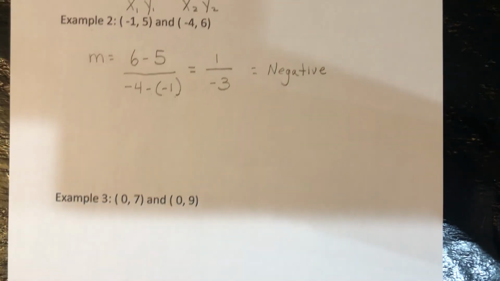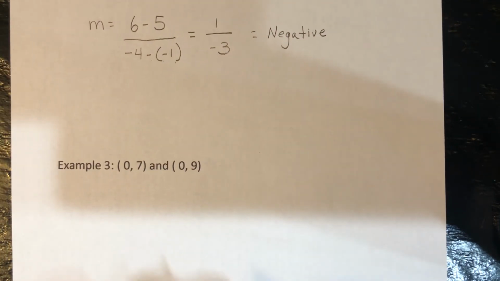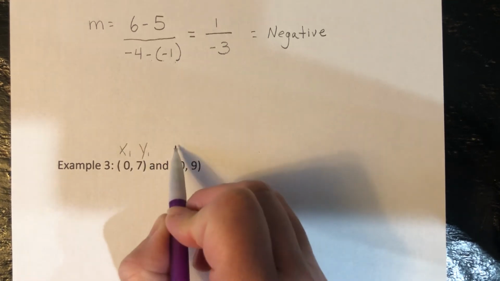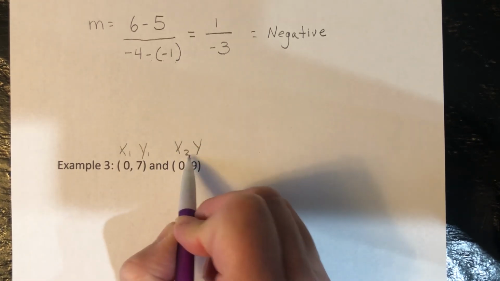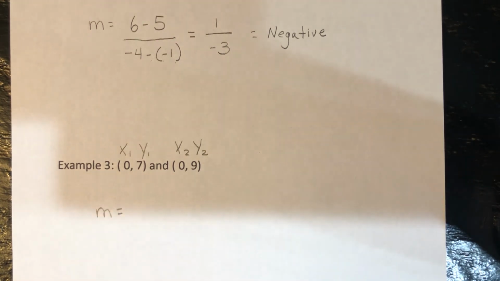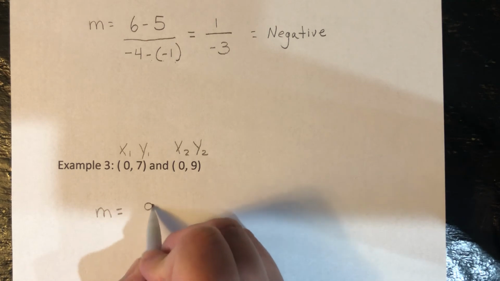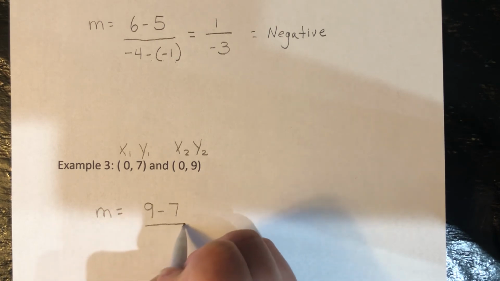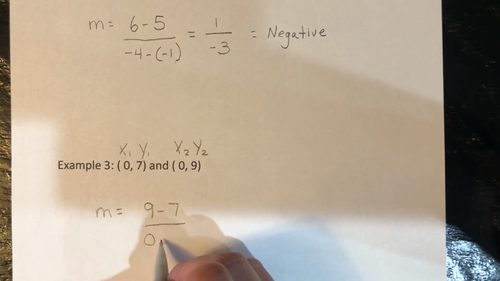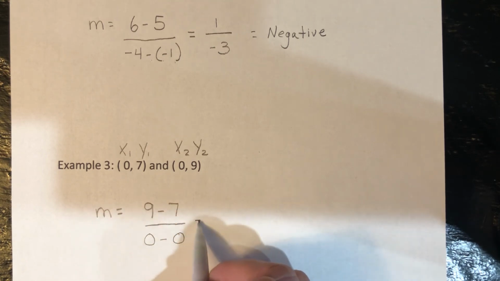Let's look at one more example. Plug in my numbers, x and y, my first set, x and y, my second set. So I have m equals y2 minus y1, which is 9 minus 7. And then I have x2 minus x1, which is 0 minus 0.